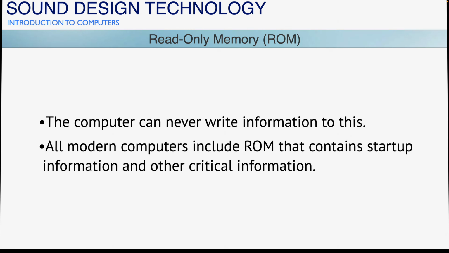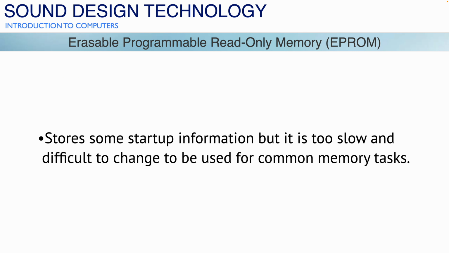And then you usually have something called EPROM, or something like it. This is like ROM, but you can change it. It's called erasable programmable read-only memory. The problem with ROM is you only get one shot at it.